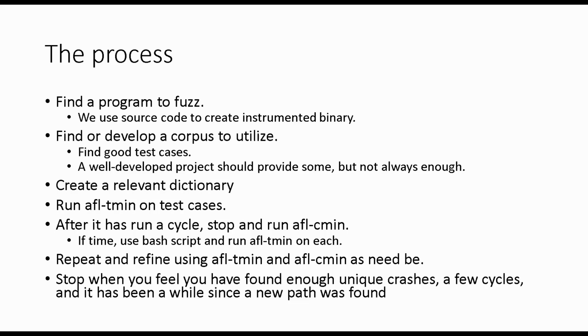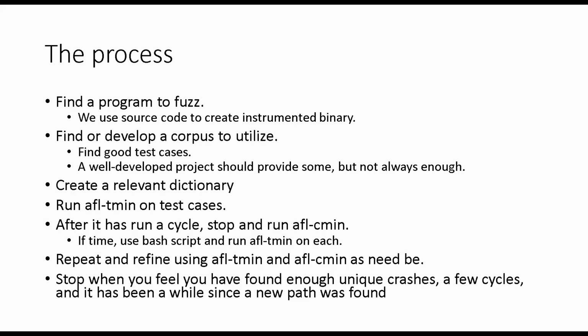And then repeat and refine. We develop our test case, we develop our dictionary, we run tmin on our corpus, we let it run, we get some actual input being generated in the queue. We can go there, grab that, run cmin on it, and after we run cmin on it, why not run tmin on it?